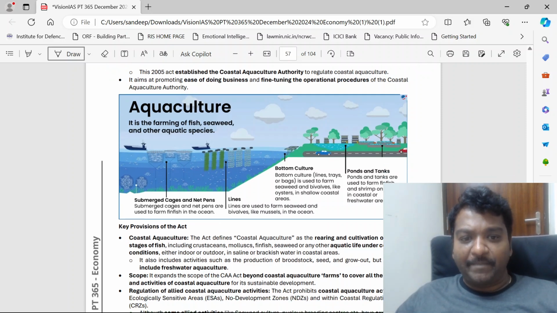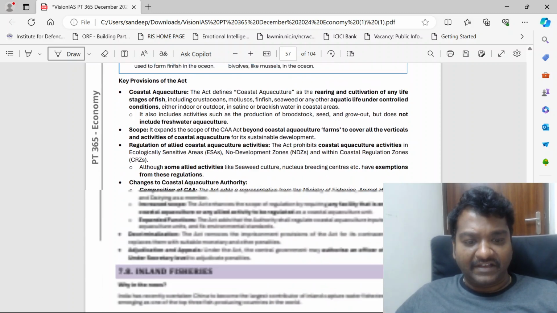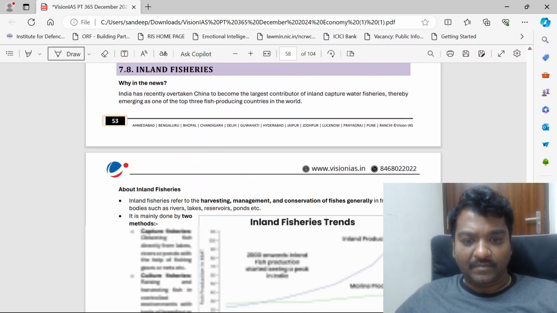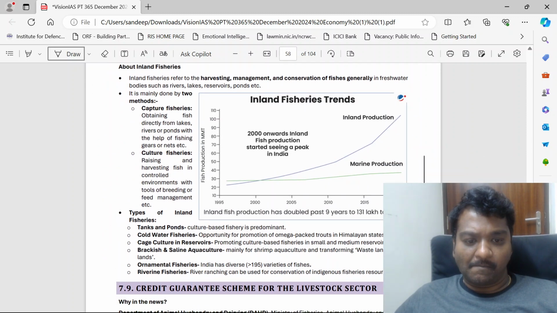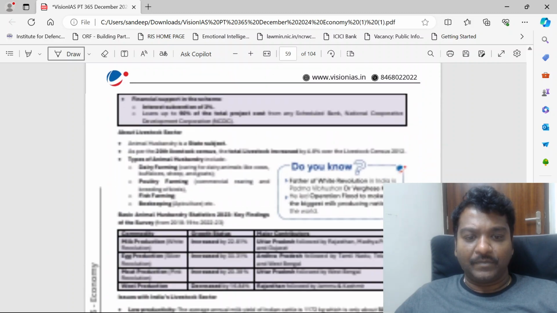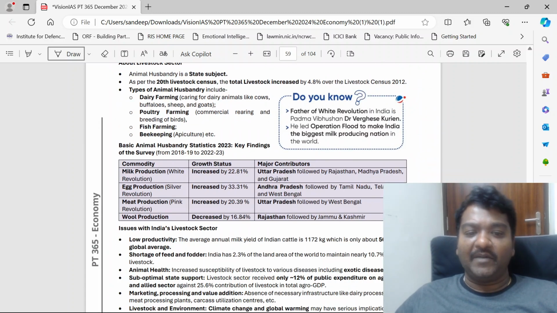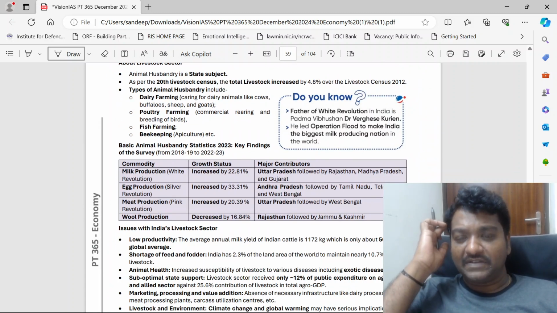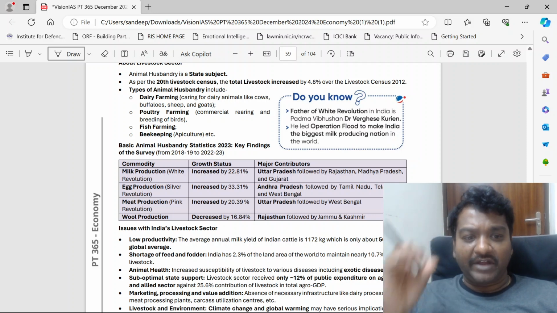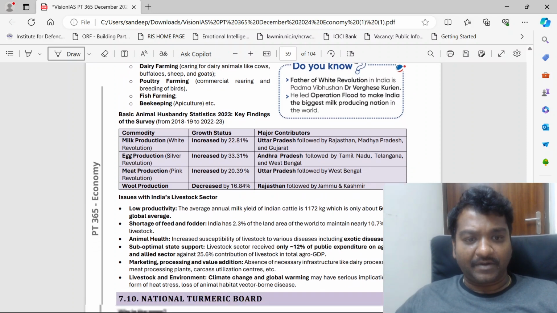Submerged cages and net pens, lines, bottom culture, ponds and tanks. These are methods. Because these trends would have been helpful if we had got the budget and all, guys. Unfortunately, as we don't have budget, don't worry about it.